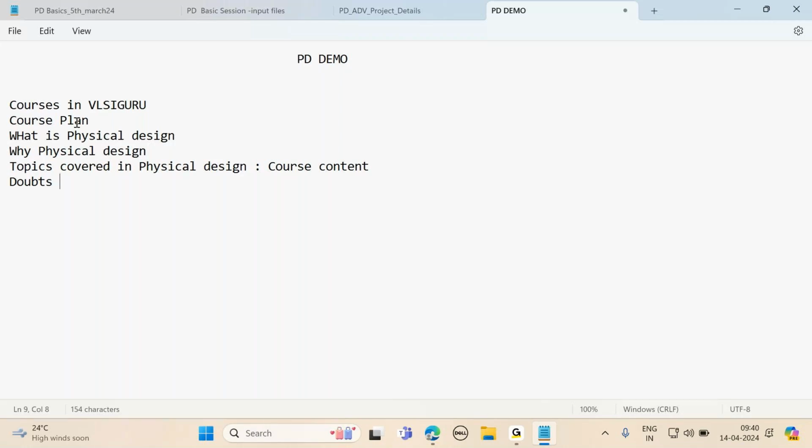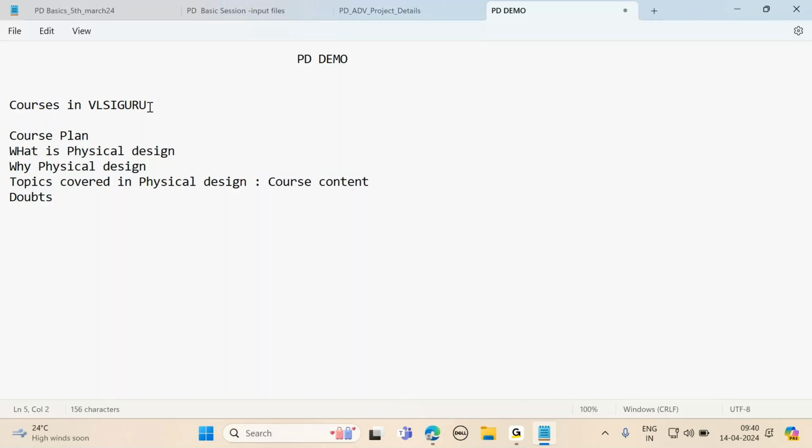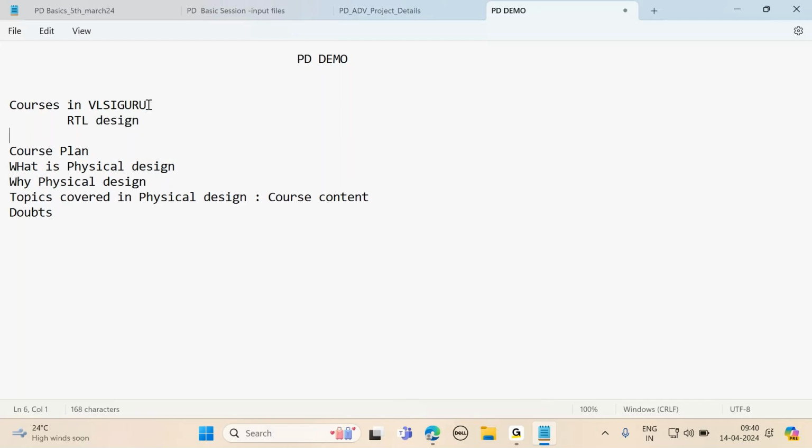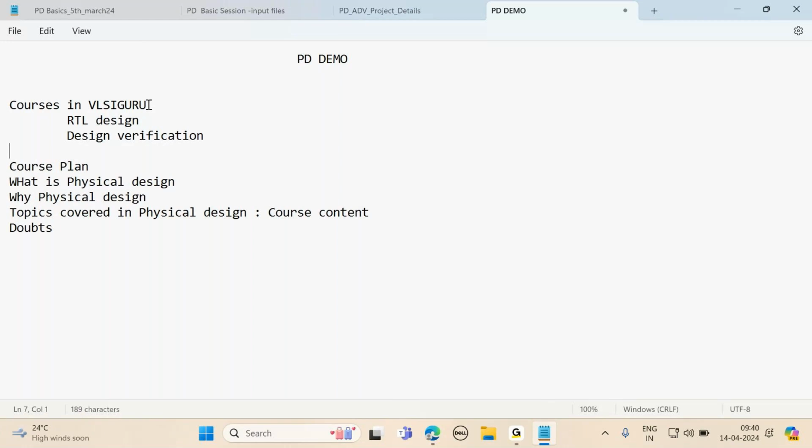So what courses do we cover in VLSI Guru? The courses we cover are RTL design, design verification. These are the big courses, for about 5 to 6 months.